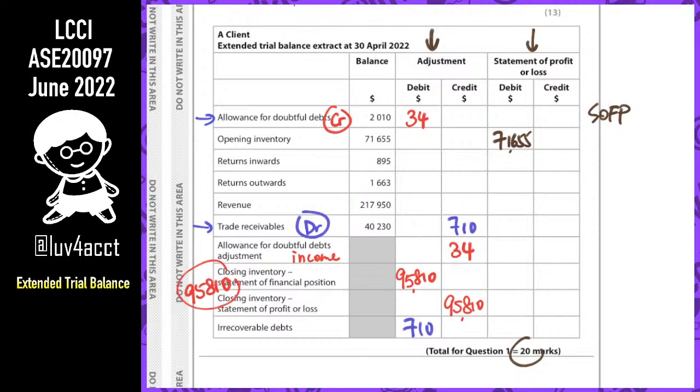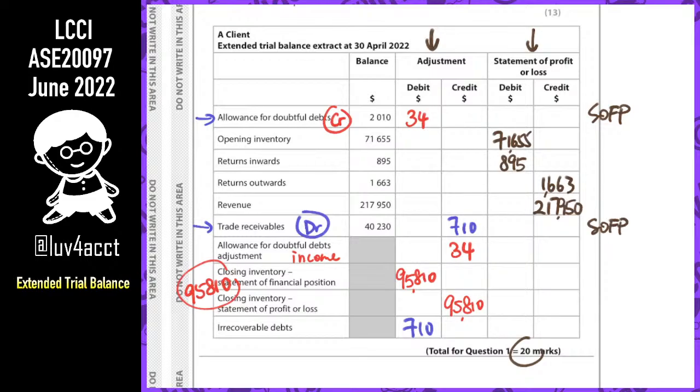Returns in is in the debit side, returns out in the credit side. I'm not going to spend time on these 2 items. I think you get it. If you don't, you have to go back to the trial balance to see why it is debit or credit for returns. Trade receivables, it is in the SOFP, not the statement of profit and loss.